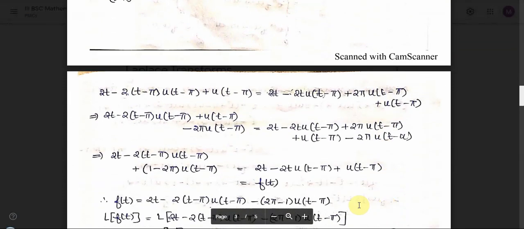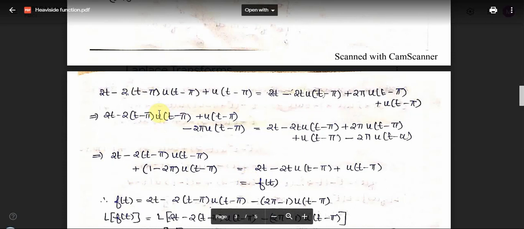But here, because there is a unit step function, the coefficient must be changed. Therefore, 2t minus 2 into this t, I will make it t minus pi, into u of t minus pi, plus u of t minus pi. So we will multiply: 2t minus 2t into u of t minus pi, minus into minus plus 2 pi into u of t minus pi, plus u of t minus pi as it is.